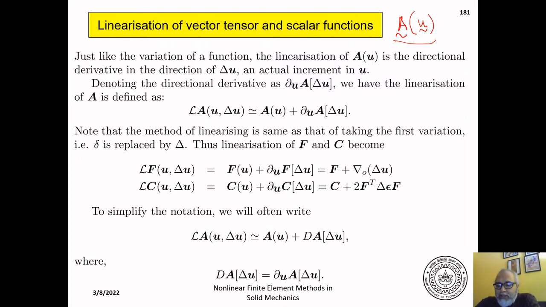Now, the definition of linearization of A is done in the same way as we had done for the case of the first variation.